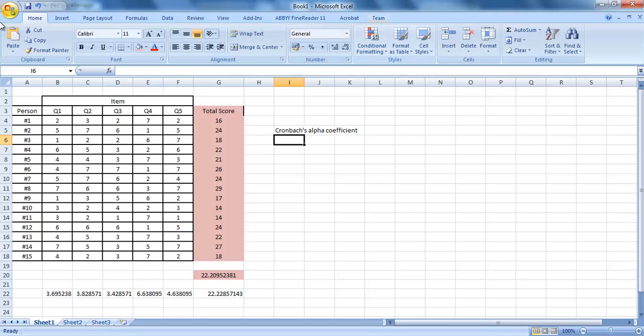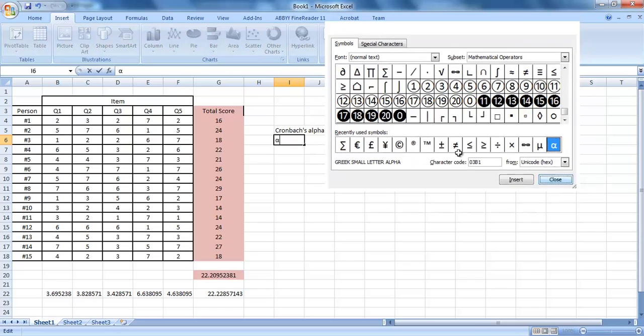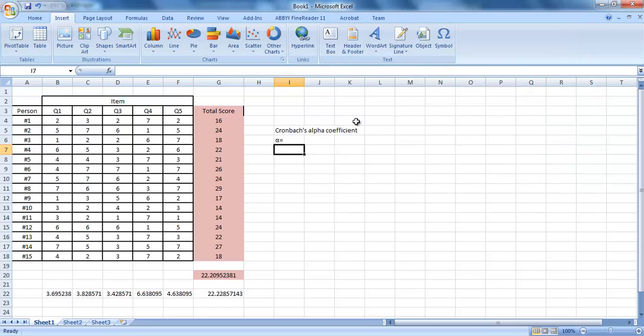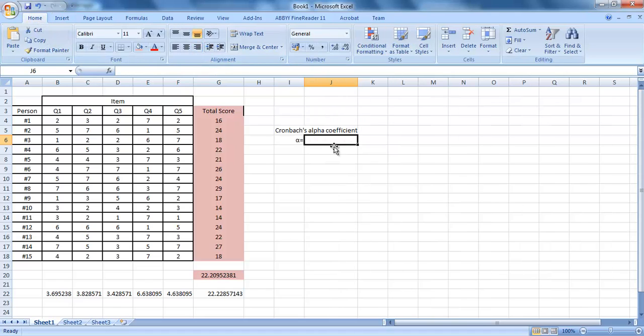So I'm going to insert a symbol alpha. Where is alpha? And equal. This is just a label. Again, this is just a label. So for our coefficient, let us calculate.